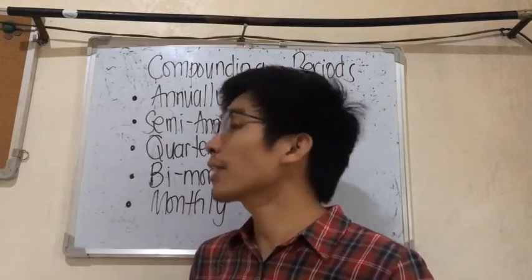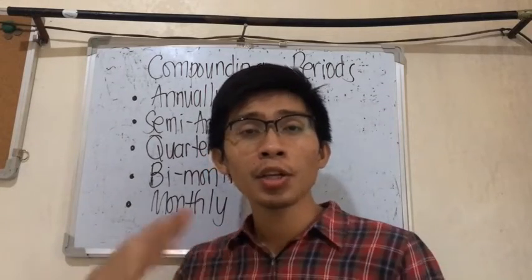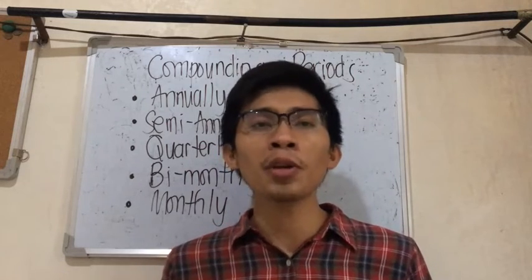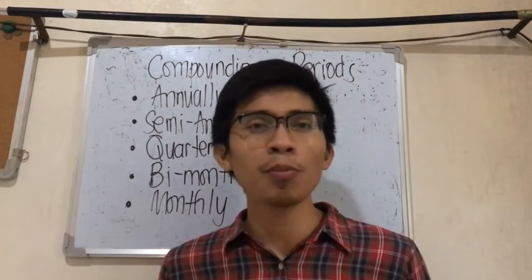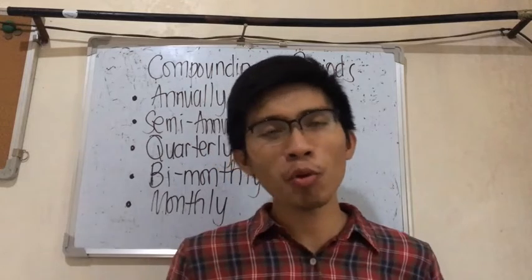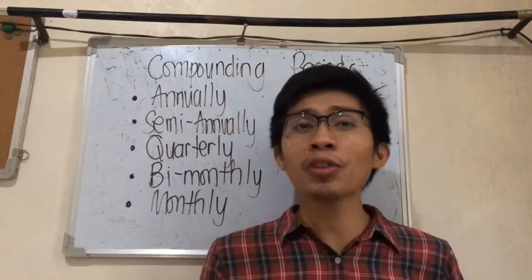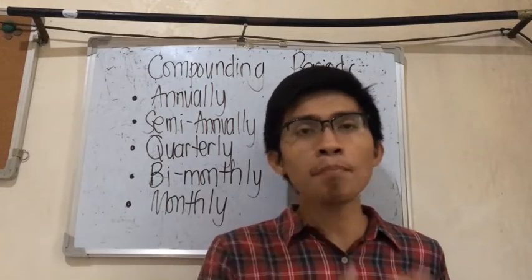So these are some. Take note, as you can observe, these are some. Meaning, we have lots of compounding periods in compound interest problems. How are we going to identify the compounding periods in a compound interest problem? Simple.